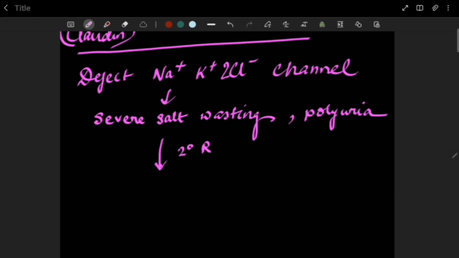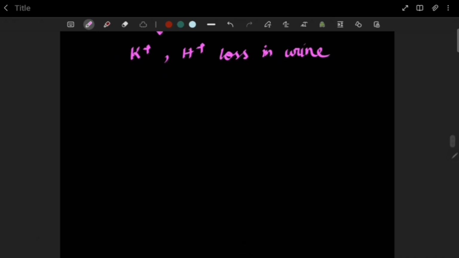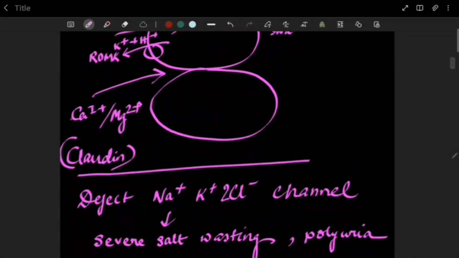This will lead to secondary RAS activation. This secondary RAS activation causes potassium and H plus loss in urine, and thus there will be hypokalemia, and in the body there will be alkalosis because H plus is being lost, and along with that there will also be blockage of the passive transport of the calcium and the magnesium ions.